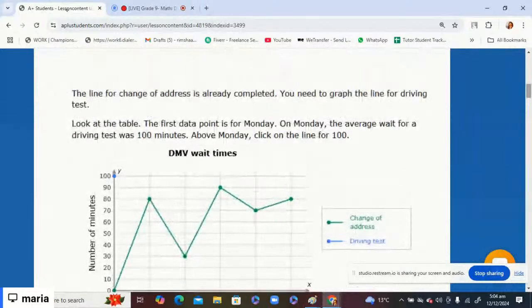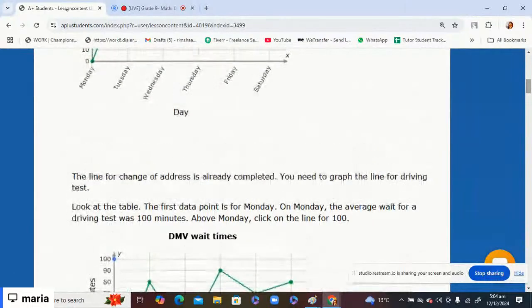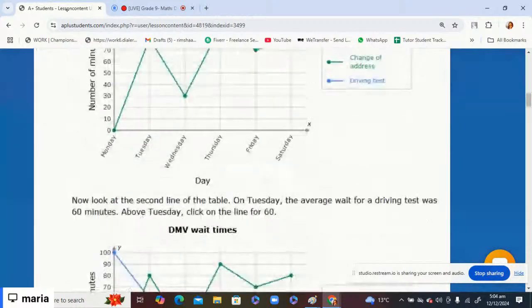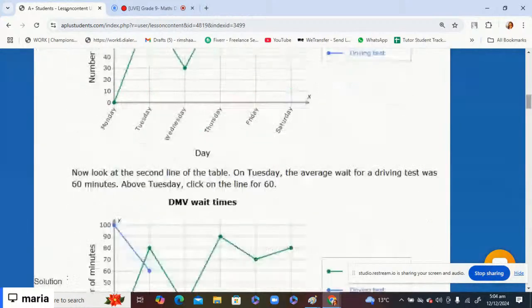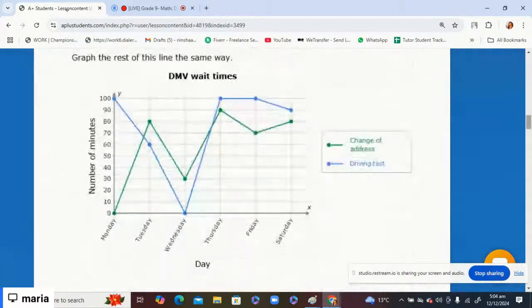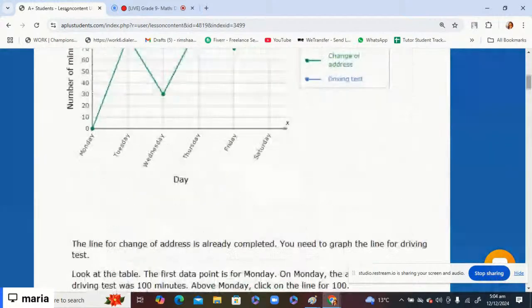The line for changes of address is already completed. You need to graph the line for driving test. Now we are going to draw the graph for the driving test. Let me draw it. Let's just use this data.